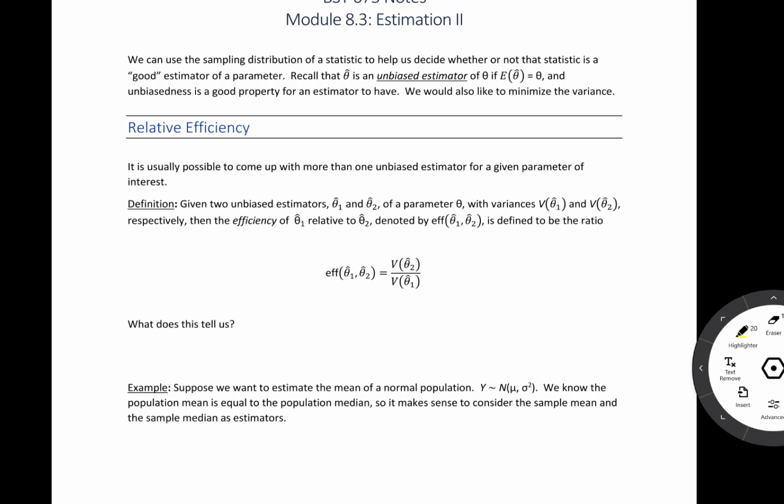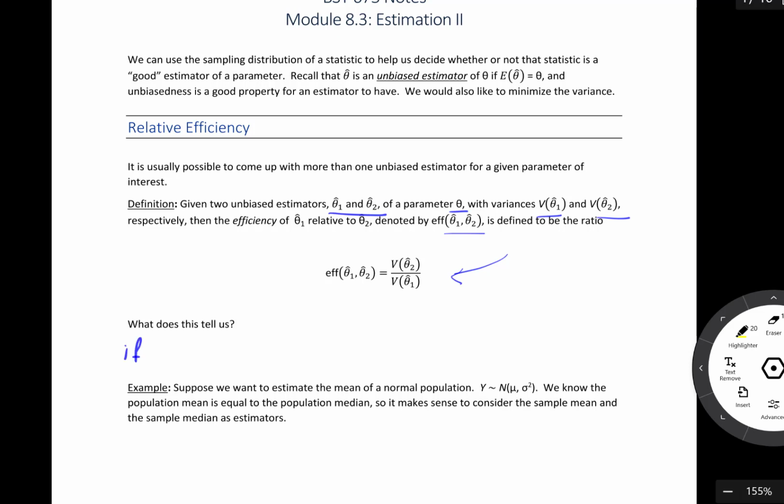Given two unbiased estimators, which we're going to denote as theta hat 1 and theta hat 2, of some parameter theta, and we've defined our variances respectively, the efficiency of theta hat 1 relative to theta hat 2 is denoted by the efficiency of theta hat 1, theta hat 2, and is given by this ratio. So the question here is, what does efficiency tell us?